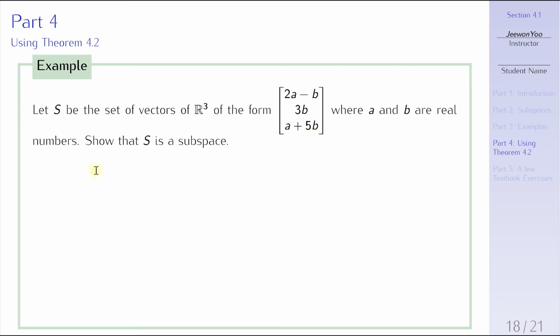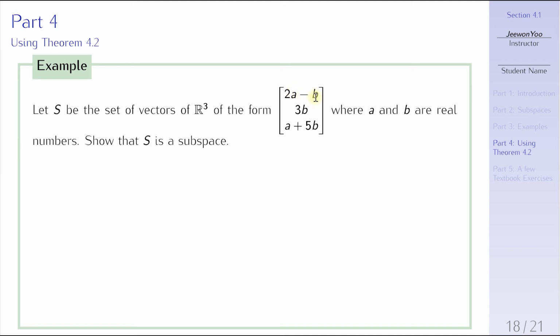Our goal is to show that S is a subspace. Everyone, did you hear what I said when I talked about the vector? I just said A is the first scalar, B is the second scalar.